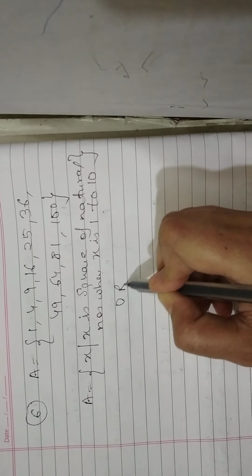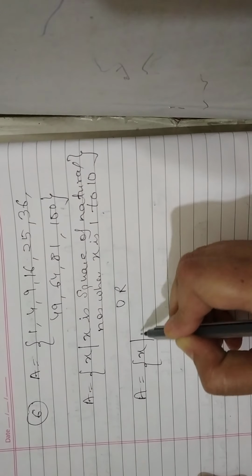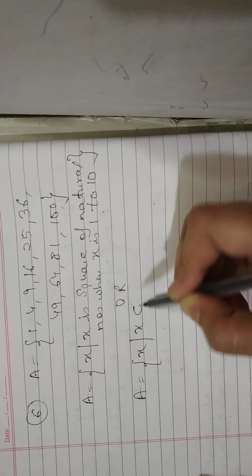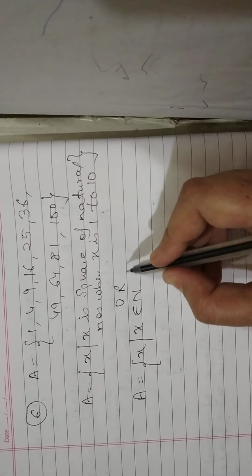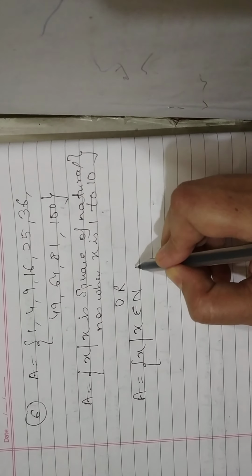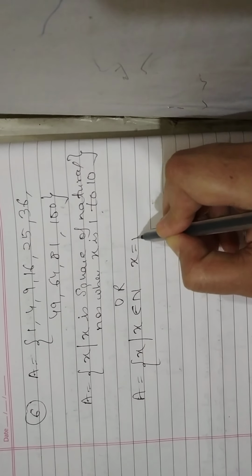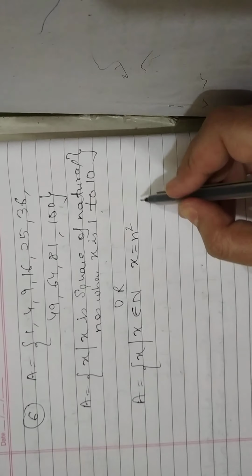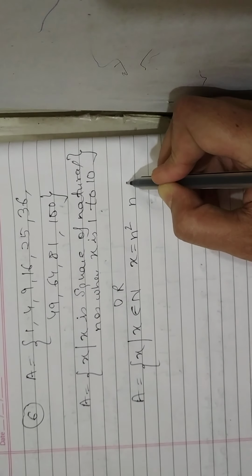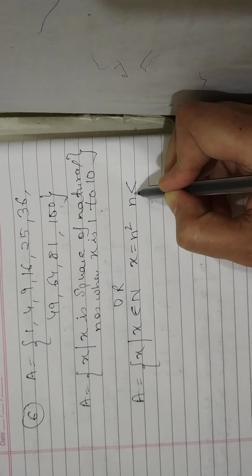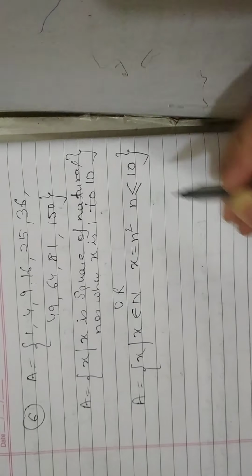Or you can write like this. X is such that X belongs to natural number where X is equal to n square, n is less than or equal to 10.